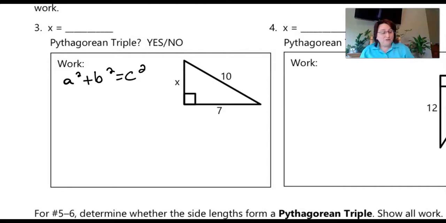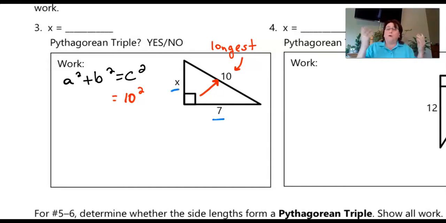Hopefully you said, hey, Miss Smith, the c is always opposite of the right angle and it's always the longest side, right? And 10 is the longest. So we're going to plug in 10 for our c, so that would be 10 squared. And then your legs are the a and the b, so it doesn't matter what order we plug those in. So we'll do x squared plus 7 squared.